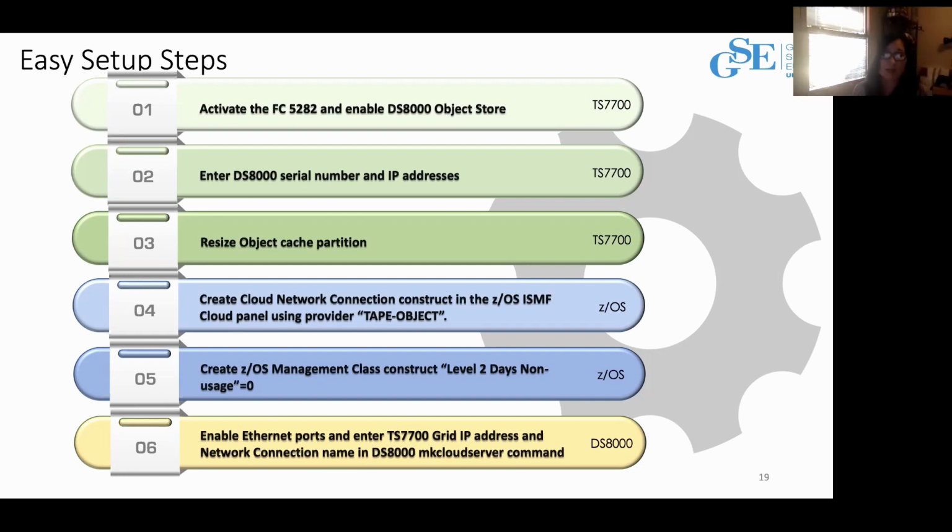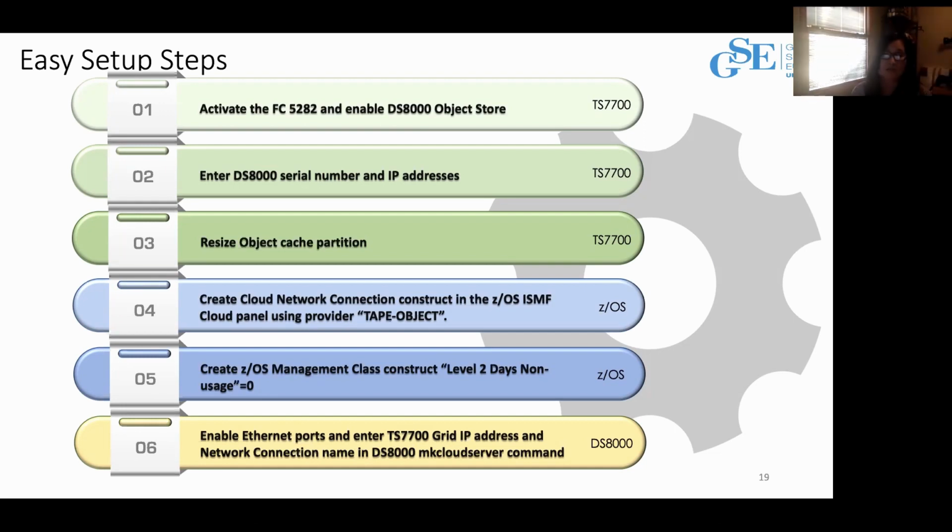On the zOS side, you'll want to create a cloud network connection construct. This is found in the zOS ISMF cloud panel, and you'll want to choose tape object as the provider. That will say that you want to target the 7700 so that the zOS knows how to talk to us.